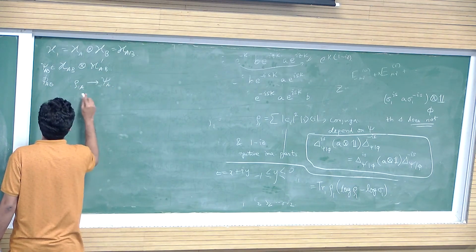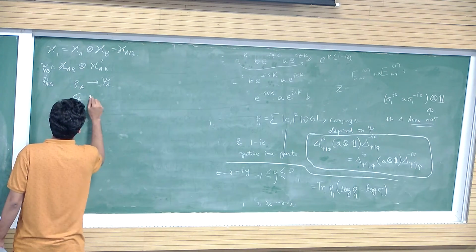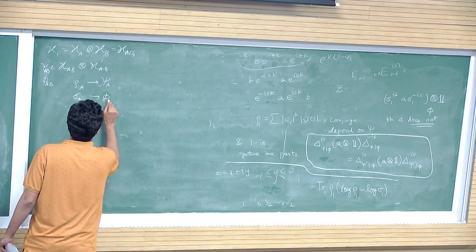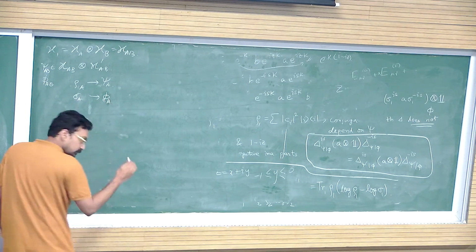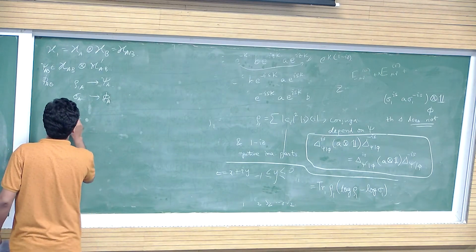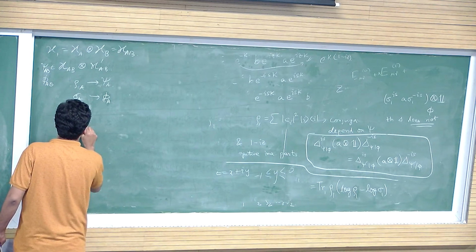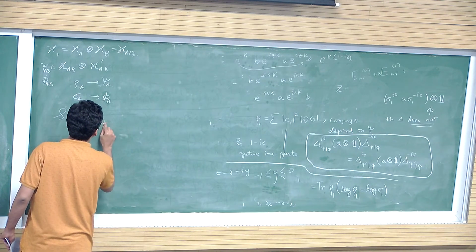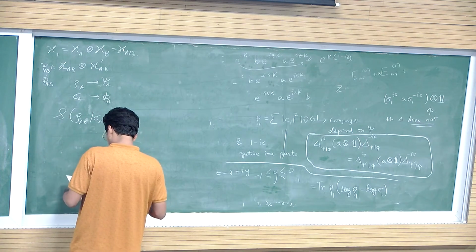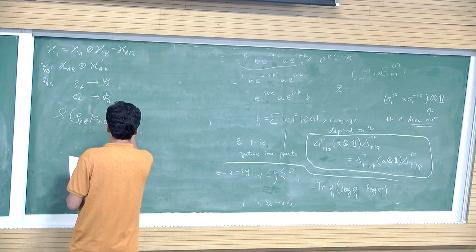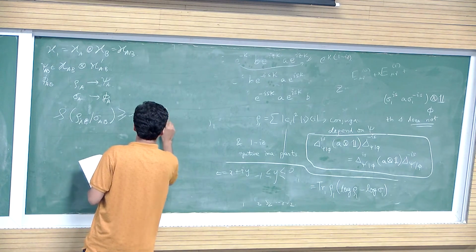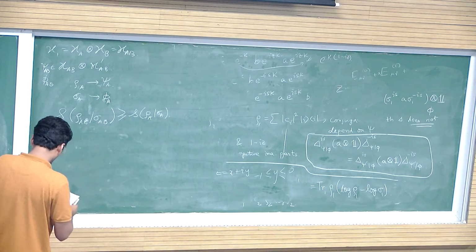You can define sigma_A associated to phi_AB, tracing out the B part. And this is the statement of monotonicity, okay?